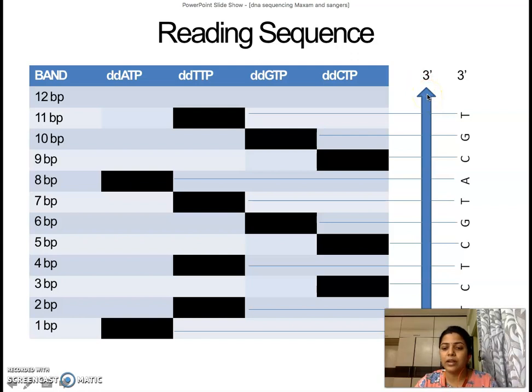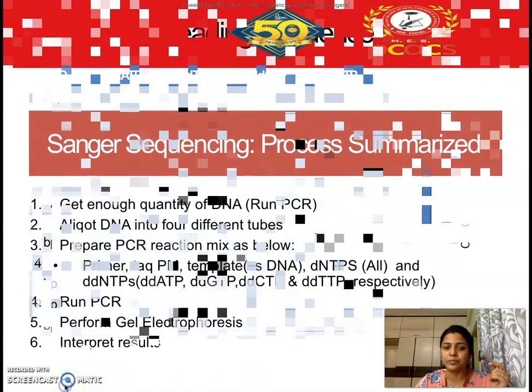One important thing that I would like to tell you at this position is that in the Maxam-Gilbert method, whatever template we were using, the sequence we were getting was the same. Here it is opposite. Whatever template you would be using, the sequence that you get is complementary to your template. Kindly remember this one thing.